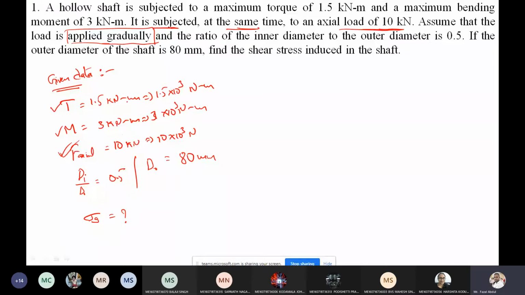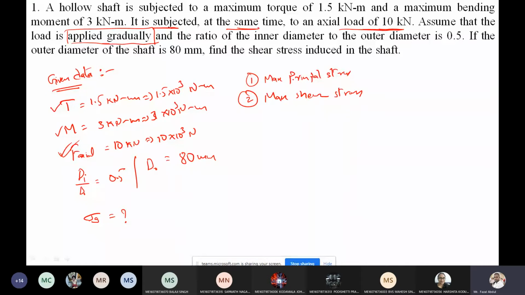Now after this we need to select the equations. Which equation is suitable to solve this problem? We have two theories in design of shaft. One is the maximum principal stress theory, the second is the maximum shear stress theory.